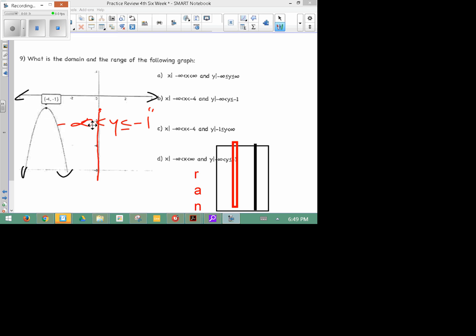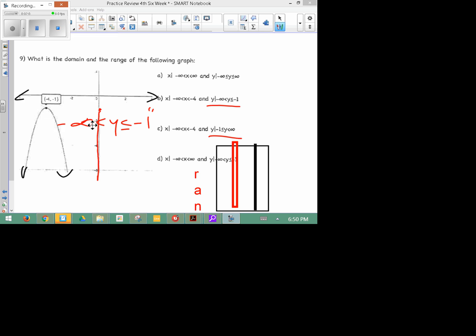If we look through this, we only see that one place where y is less than or equal to negative 1. Well, we see it here and we see it there. The only problem is here x is not all real numbers, and here x is not all real numbers.